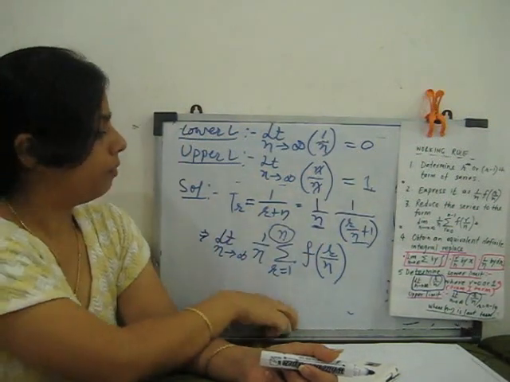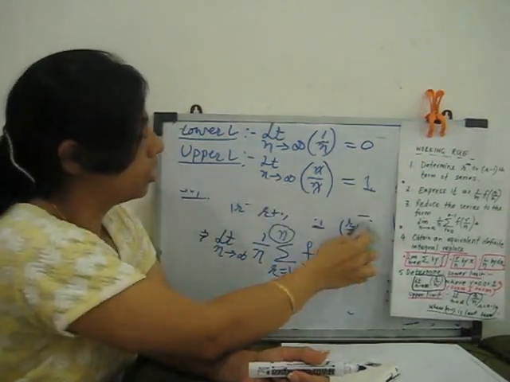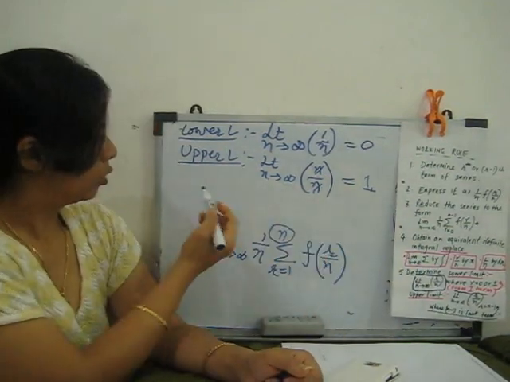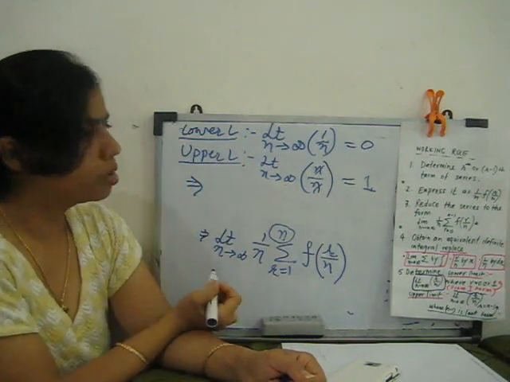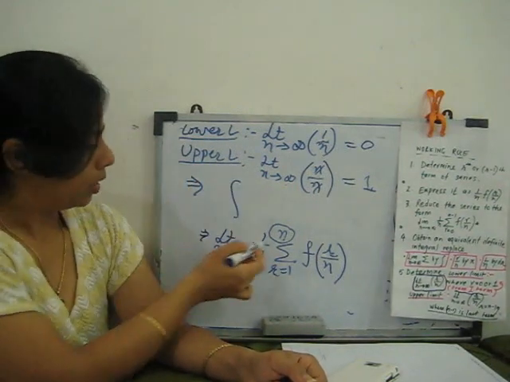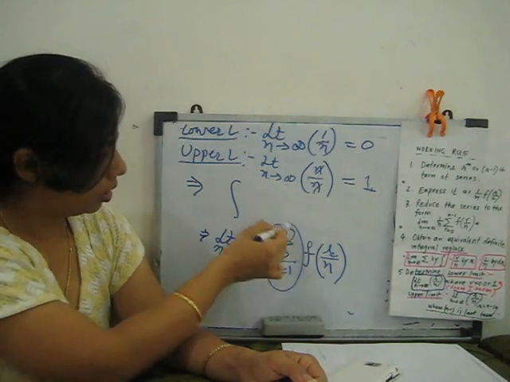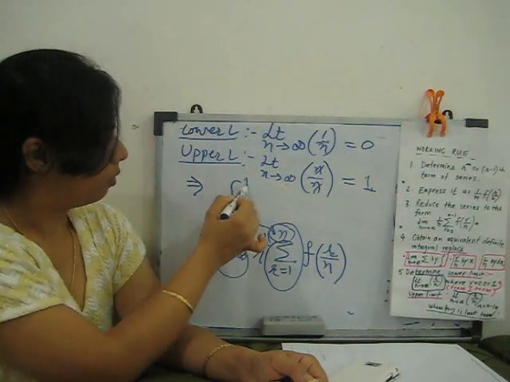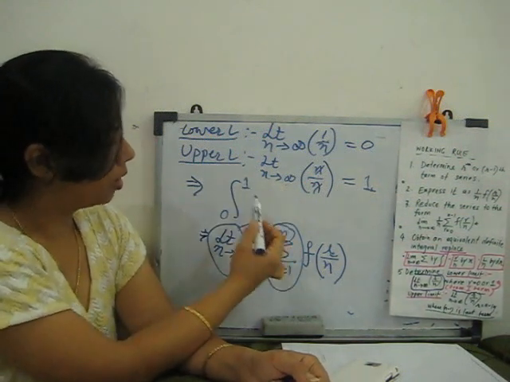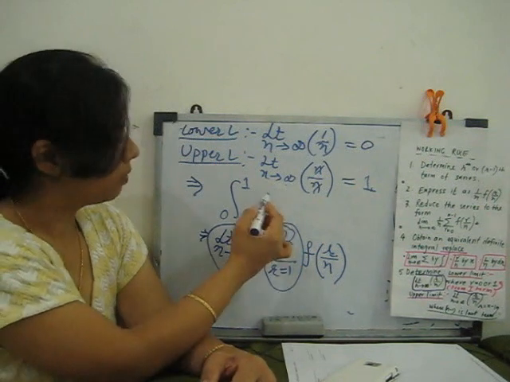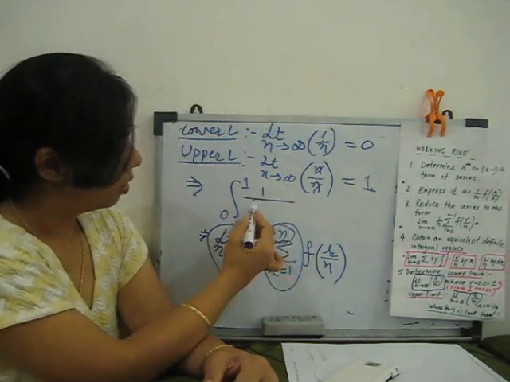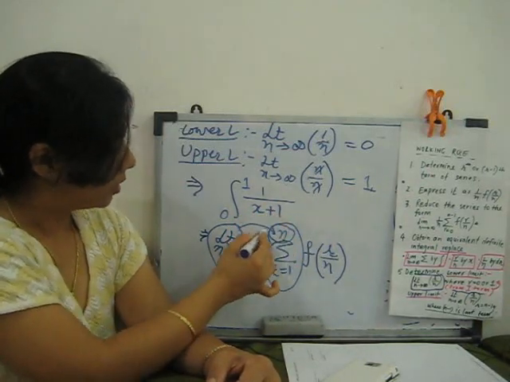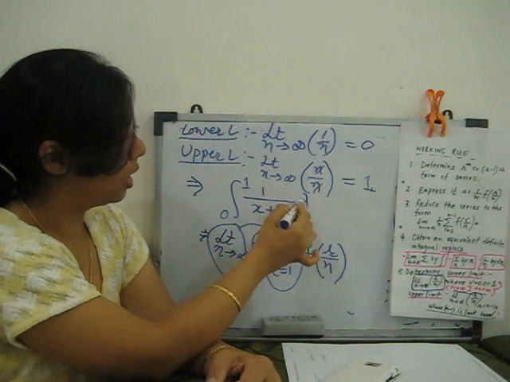Now the next step: we replace the summation of the series with a definite integral. The limit and summation combined become the integral from 0 to 1. This function is what? This function is 1 upon r by n plus 1. r by n is x, so x plus 1, and this 1 by n gives dx.